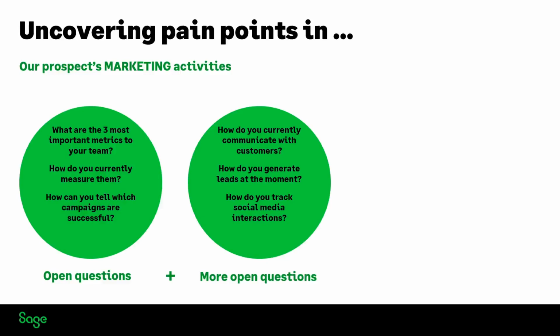Essentially, what I'm trying to do is uncover how businesses do the process of acquiring new customers, but then drilling into how they measure, or not, as is often the case, the success, the KPIs, the key performance indicators.